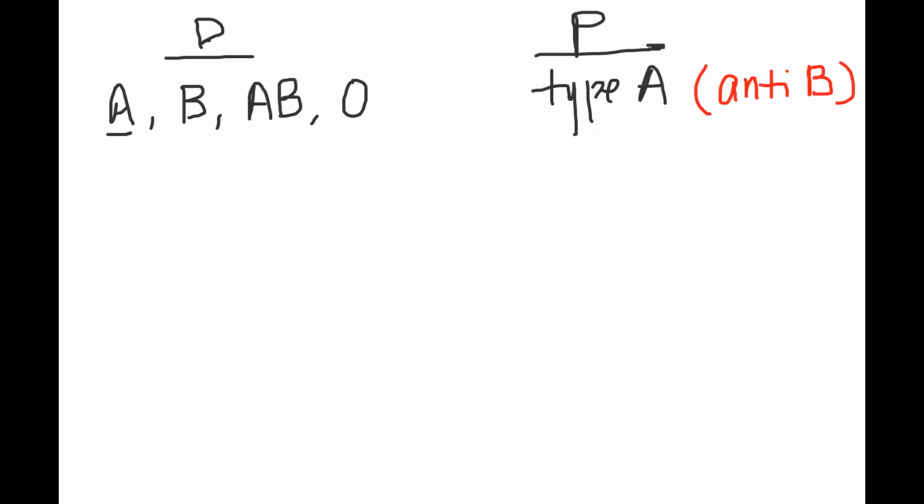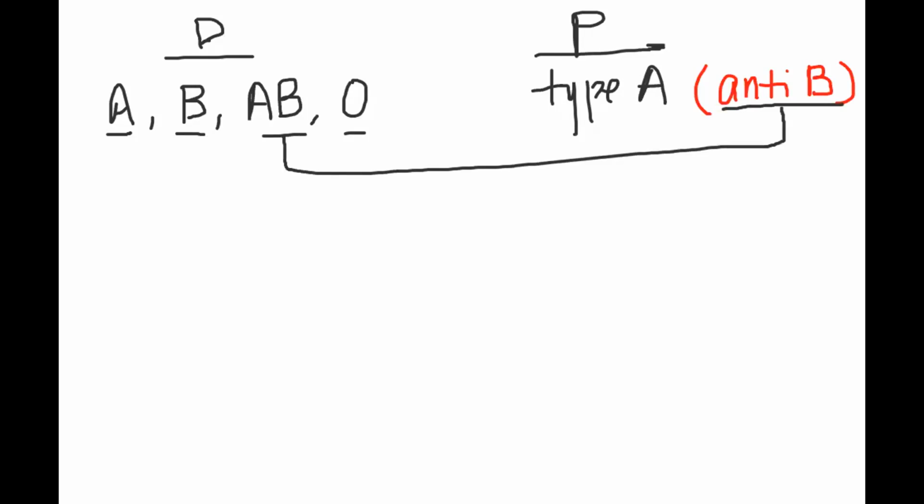Okay? So out of these 4 possibilities, which one can be used for this patient? As long as there's no reaction between this anti-B and the donor side, then it's good. But for type AB blood, this anti-B antibody definitely can react, because on the surface you do have the B antigen.